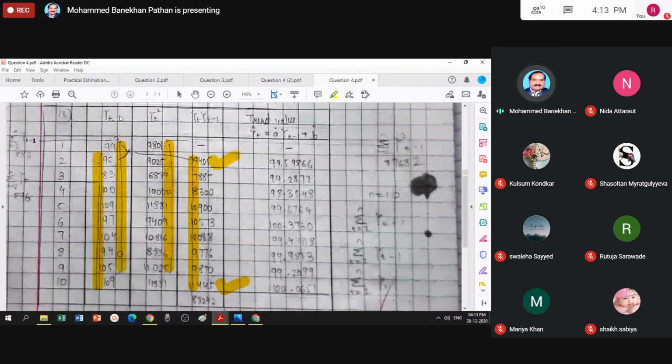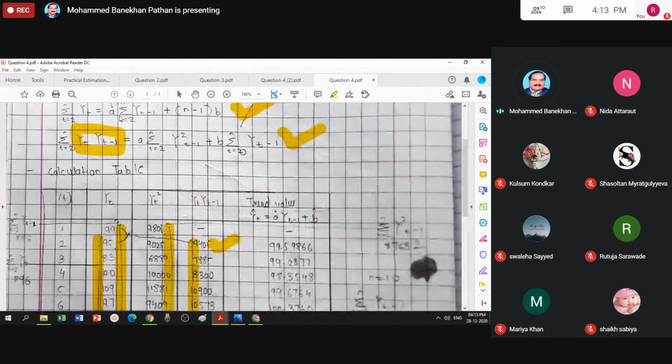And where is 1 to n minus 1? Here. If I take t as 2, it should start from 1. If I put n here, it stops at n minus 1. So 1 to n minus 1, the answer is here. Here yt 2 to n, so this answer. So this is for the first equation. This total is for the second equation.